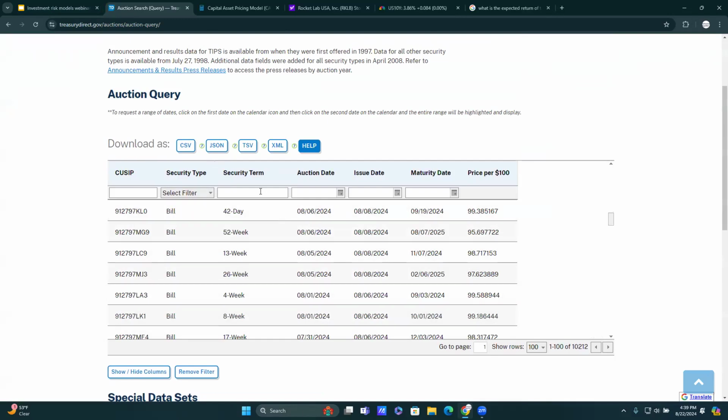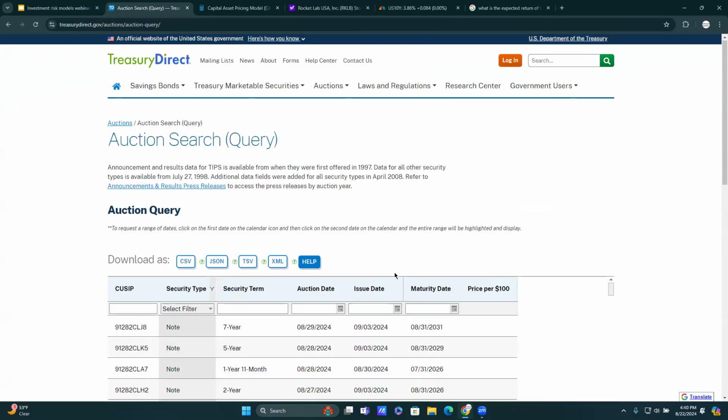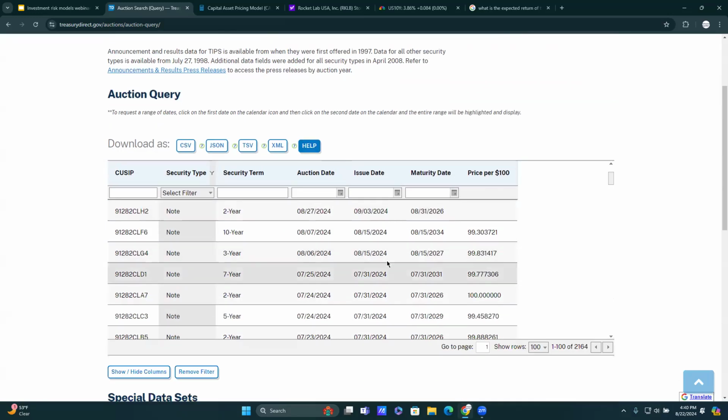All right. So what were we looking at? We were looking at those 10-year notes, so let's look for that 10-year note. All right, so your 10-year note is right here. These 10-year notes were issued on 8/15/2024.